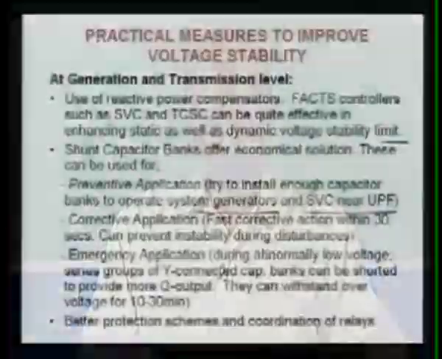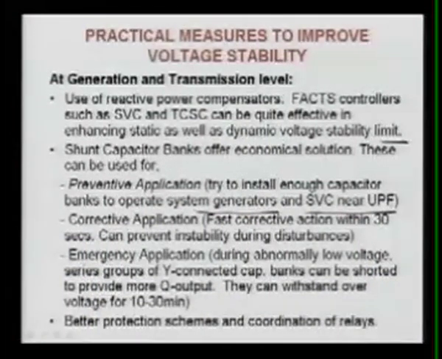The corrective application includes fast corrective action within 30 seconds, which can prevent instability during disturbances. If you can take action in less than 30 seconds, then there is a possibility of preventing instability during the disturbances, meaning you can prevent the cascade tripping of the system.